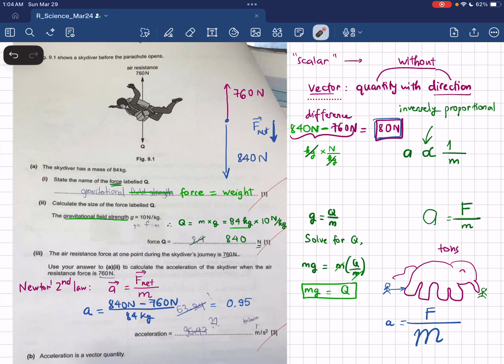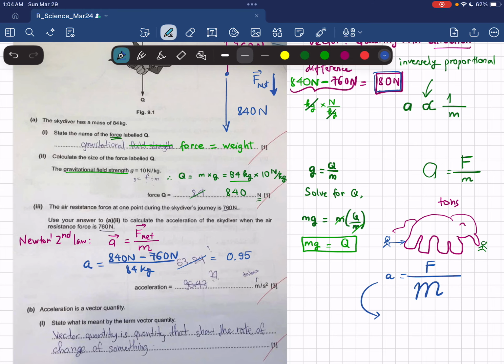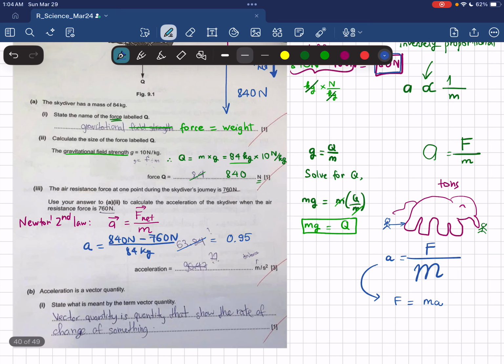In the equation from Newton's second law, we can write F equals ma. Because we're in the SI system, the international unit, when force is measured in Newton and mass is measured in kilogram, then the acceleration is the rate of change.